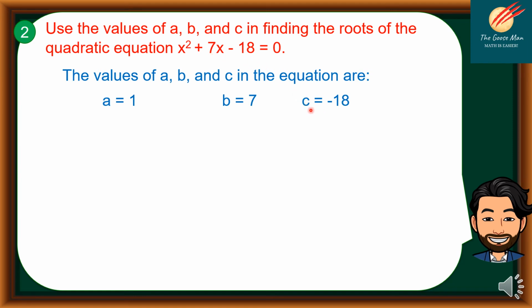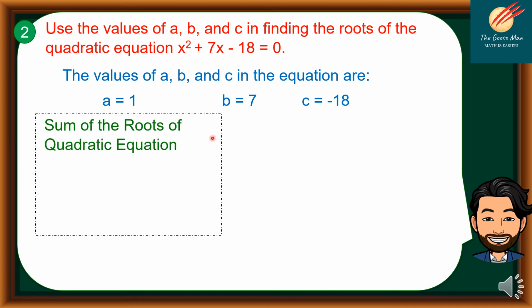Next, the sum of the roots of a quadratic equation, x sub 1 plus x sub 2, is equal to negative b all over a, so x sub 1 plus x sub 2 is equal to negative 7 all over 1, which is negative 7.